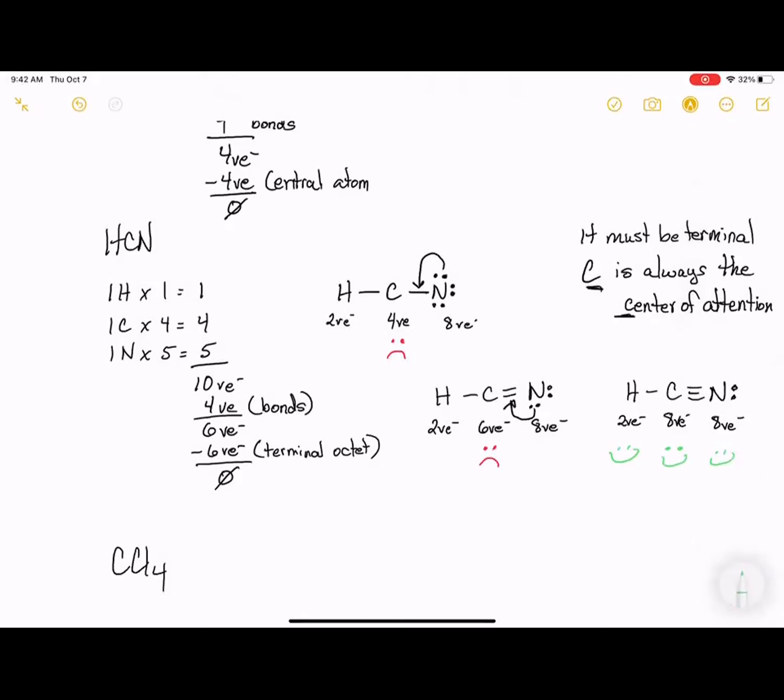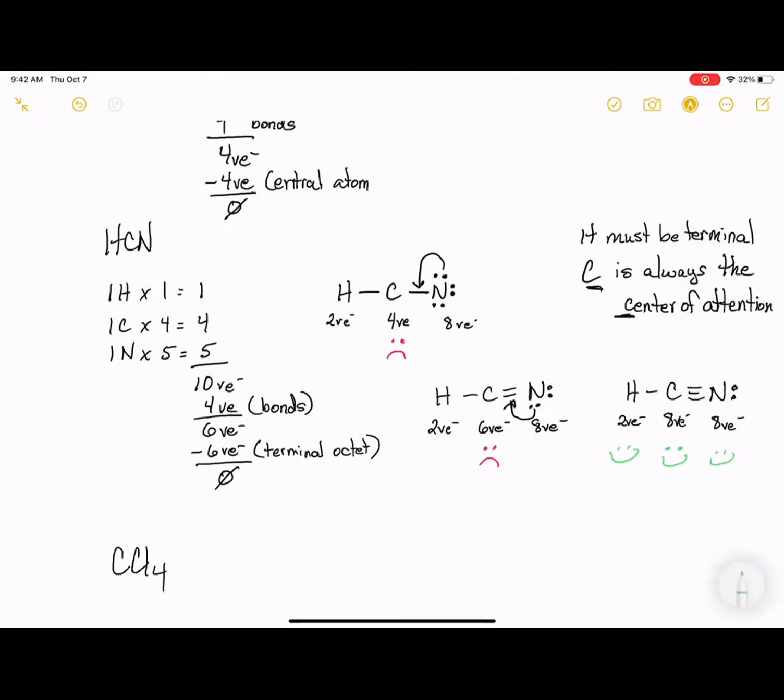So some key things I wanted to point out. Number 1, when sharing electrons, the terminal atom always brings in a pair of electrons.